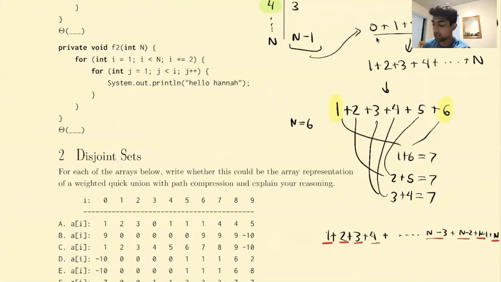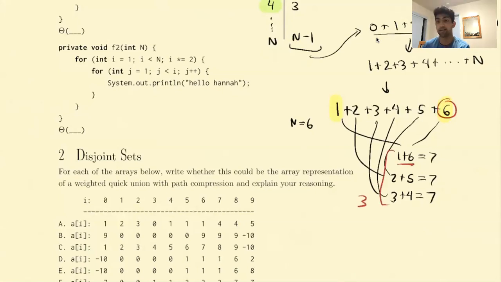And what we'll notice, which is really cool, is how many of such pairs do we make? Well, looking at this example, when n is equal to 6, we have 3 pairs, which makes sense because each number is involved in one pair and there's 6 numbers.